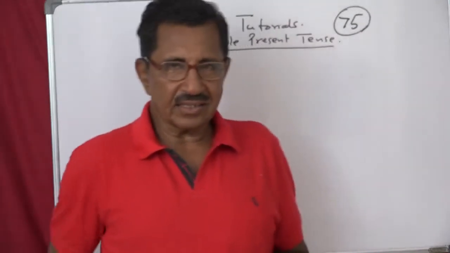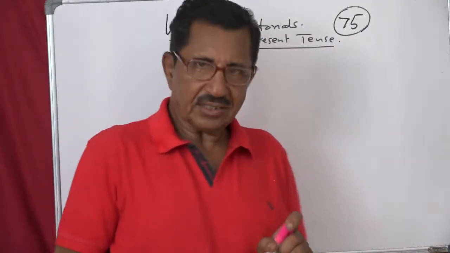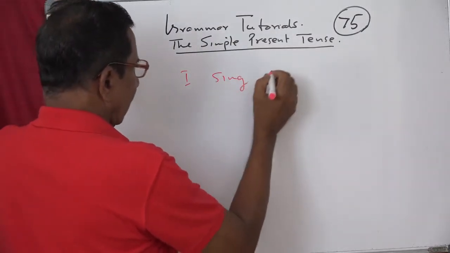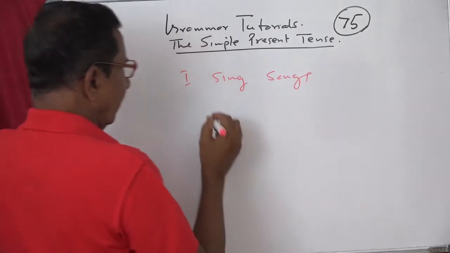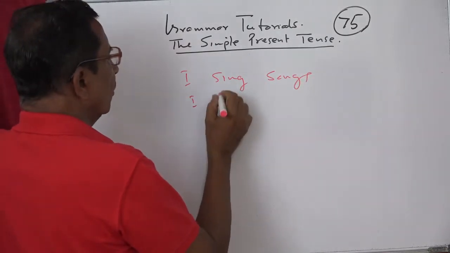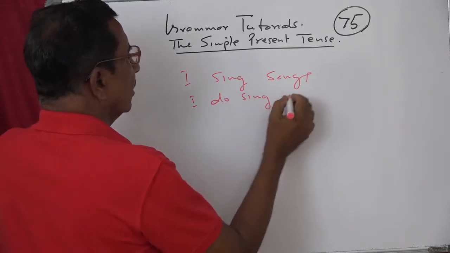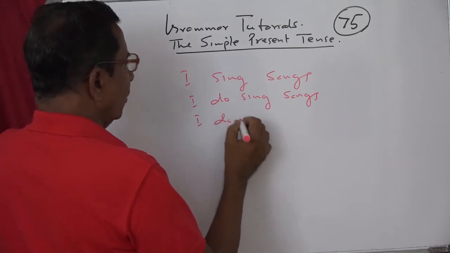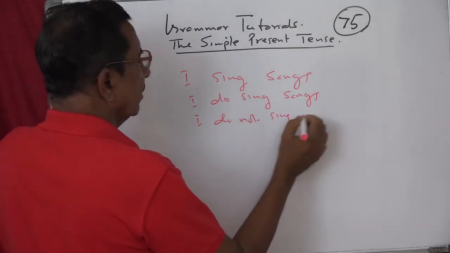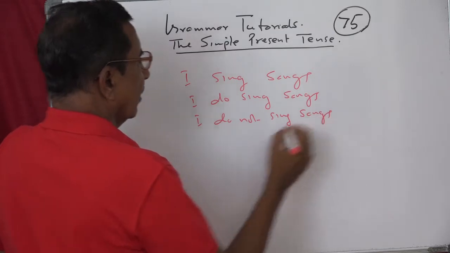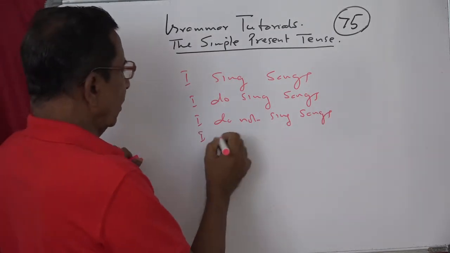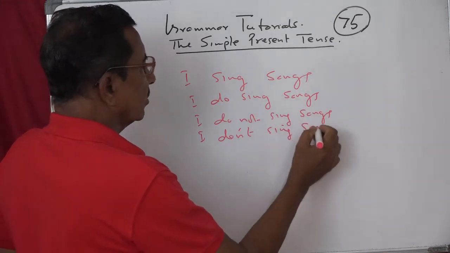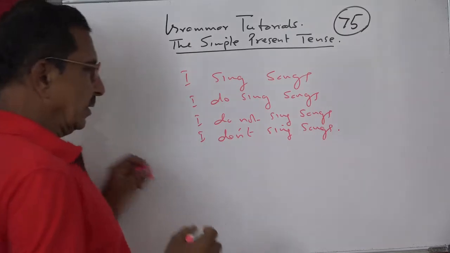Now try making some sentences negative. Let's try. I sing songs. What will be the negative? I do sing songs. Then I do not sing songs. And the short form is I don't sing songs. That's very easy, isn't it?